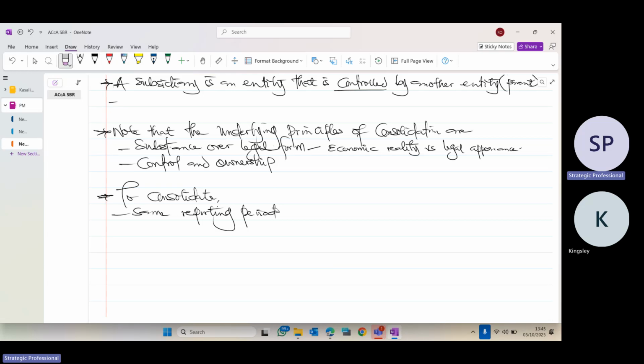Okay, sorry, not accounting period. Same accounting policies. So the same accounting policy means one cannot be using accrual and the other one will be using cash. It must be the same thing. Yes, they must also have a uniform accounting period, just as I've written earlier.